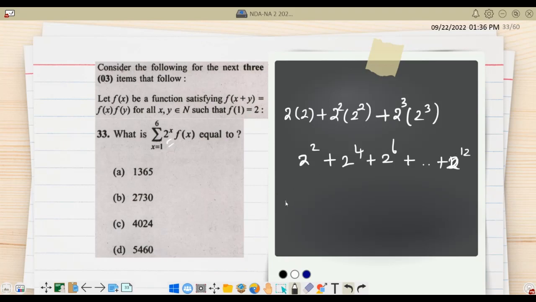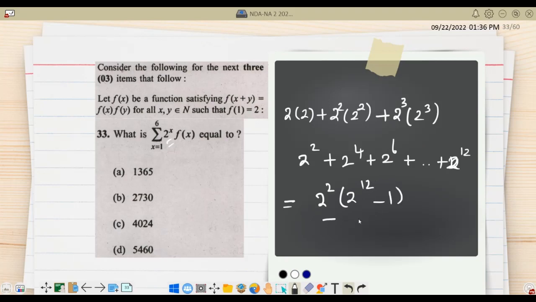So this is going to be a geometric progression again. So starting with 2 power 2, then it's going to be 2 power 4, and so on. We have 6 terms, right? And the common ratio is 2 square.